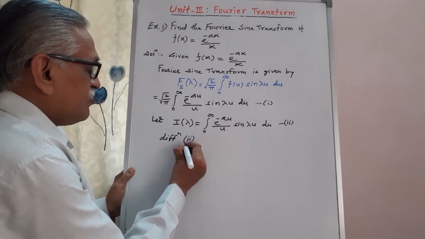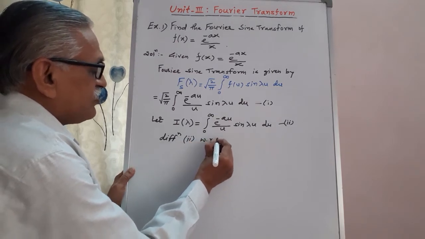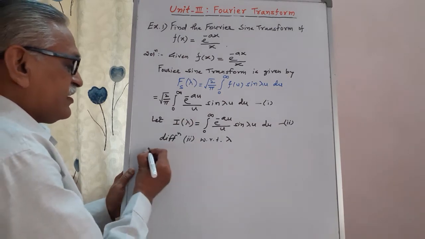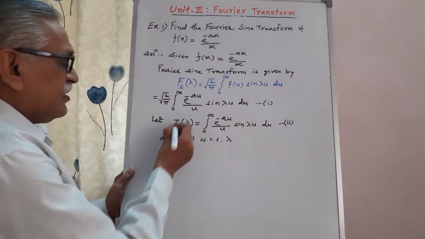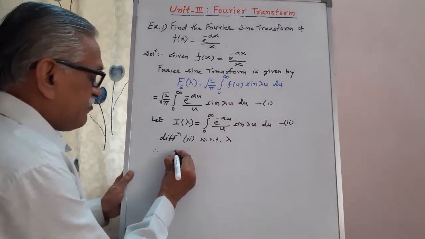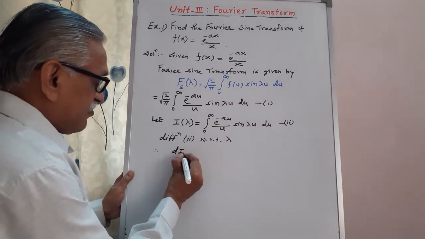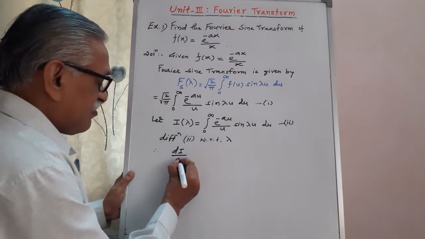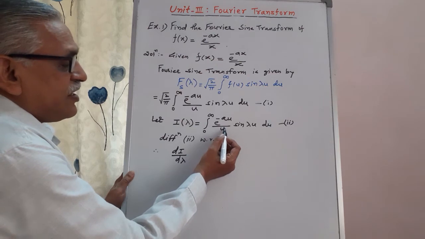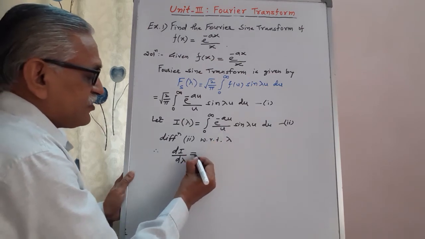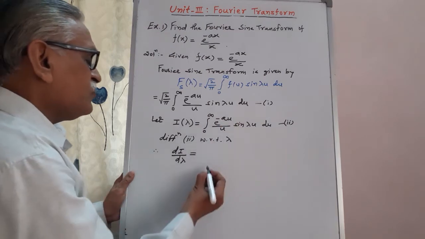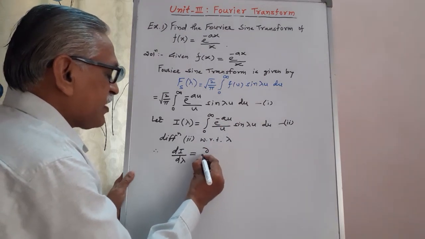with respect to lambda, we get the derivative of this as dI by d lambda. On the right hand side, as it is a function of two independent variables lambda and u, we have to differentiate it partially.